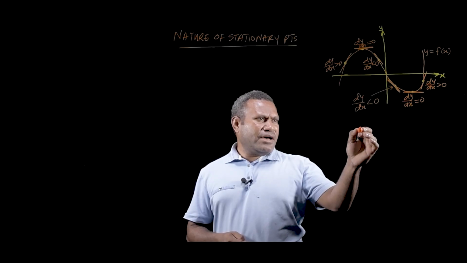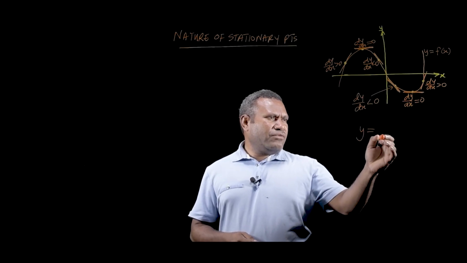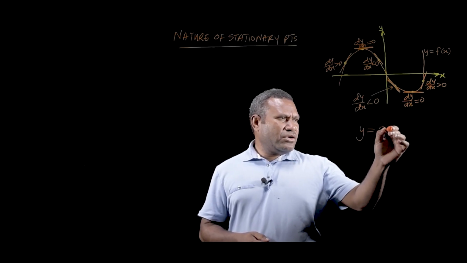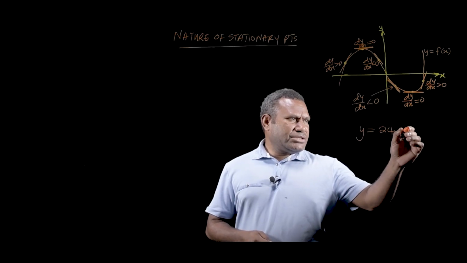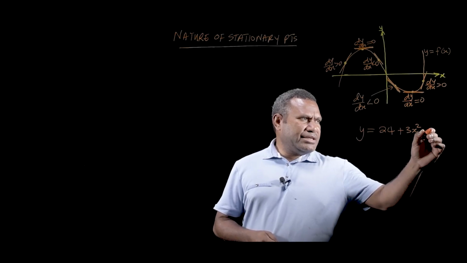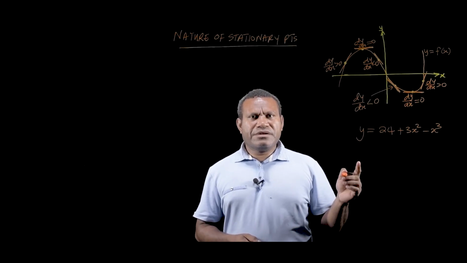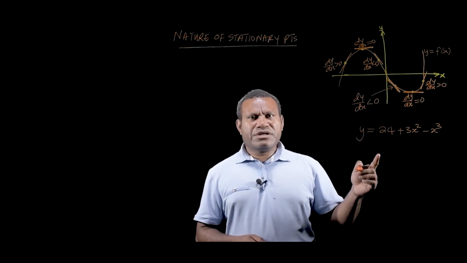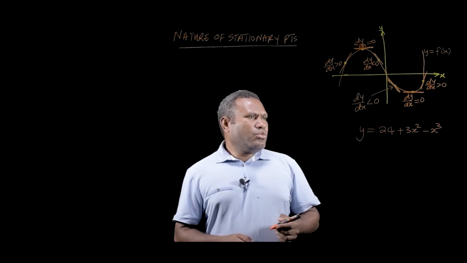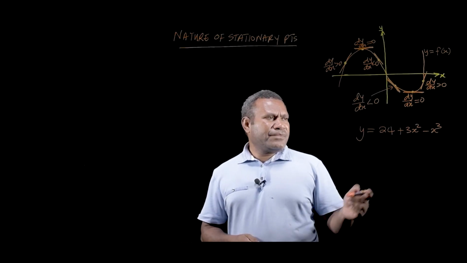If I have a function, y is equal to 24 plus 3x squared minus x cubed. In order to work out the turning points or the stationary points, we'll have to find the derivative of this function.